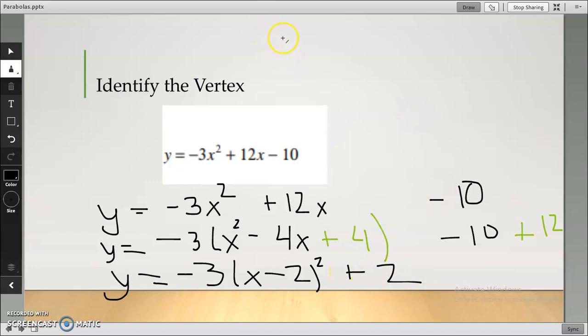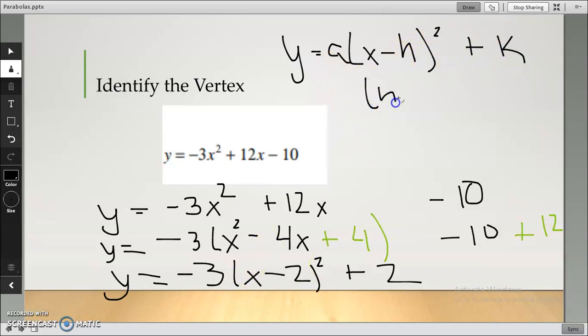Again, our vertex form is y equals a times (x minus h) squared plus k, where my vertex is (h, k). So my h value is 2, and my k is 2. So my vertex is at (2, 2).